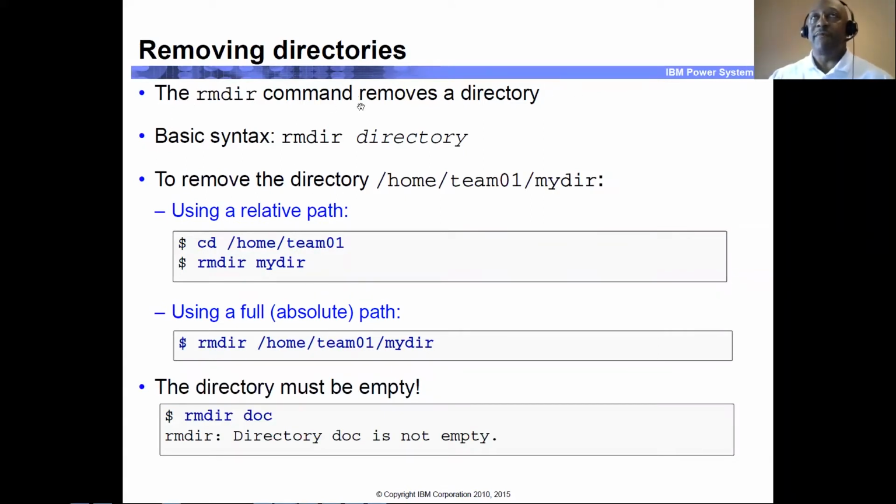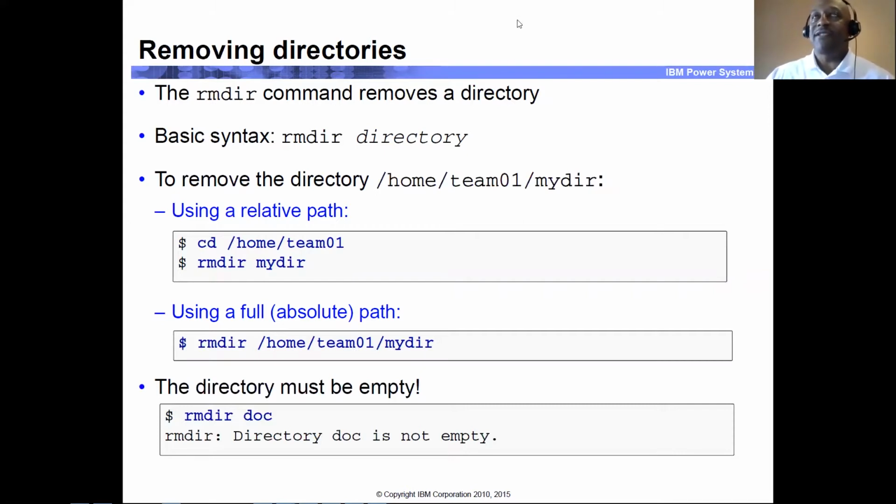So the rmdir command allows us to remove the specified directory. The basic syntax is rmdir followed by the directory name, all right? Now, there are some conditions that must be met in order to remove a directory. We'll talk about that after we specify our examples here, okay?